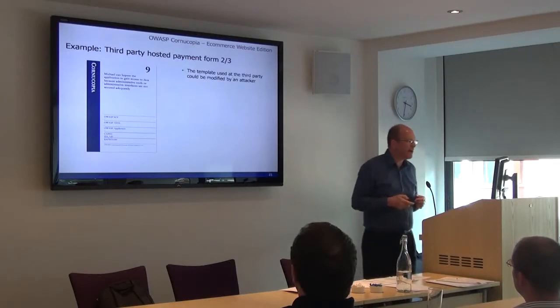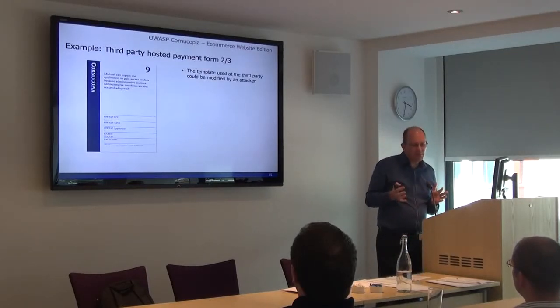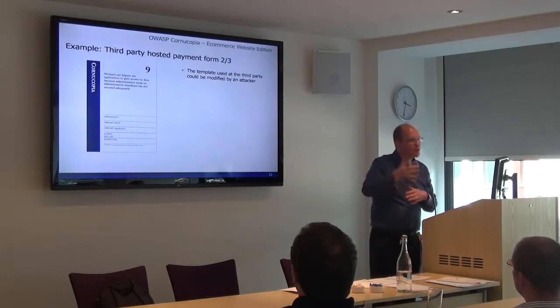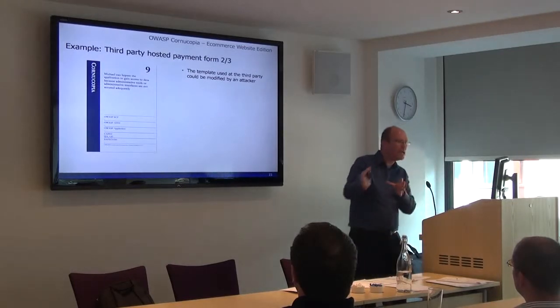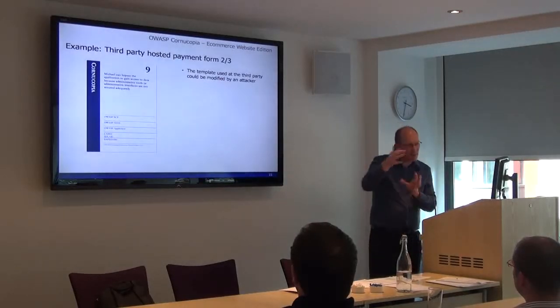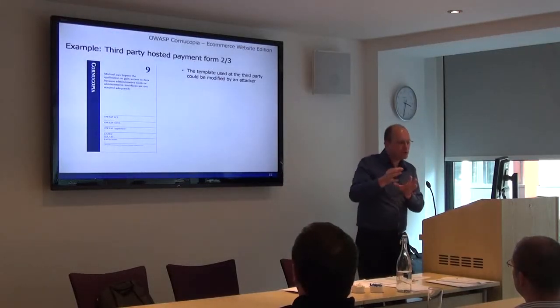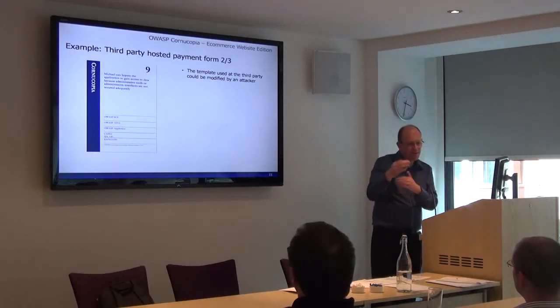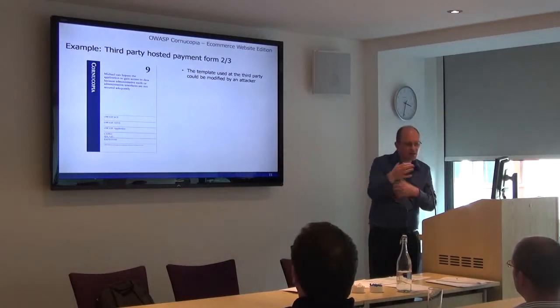Well, one thing that might happen is that the payment service provider might allow the merchant to customize that page, make it look beige to match the website, add your logo on it, perhaps add a bit more text, alter how some of the interaction occurs with the user.